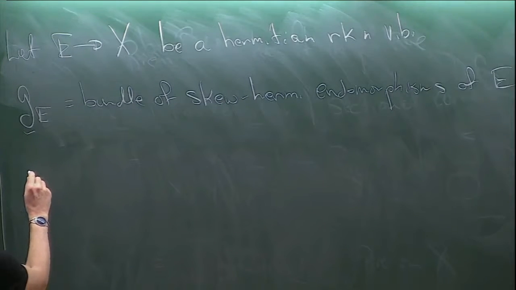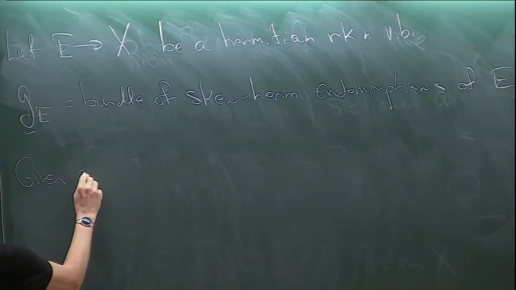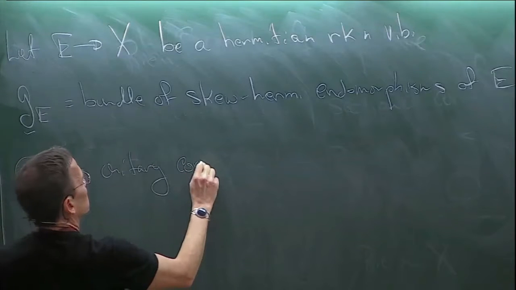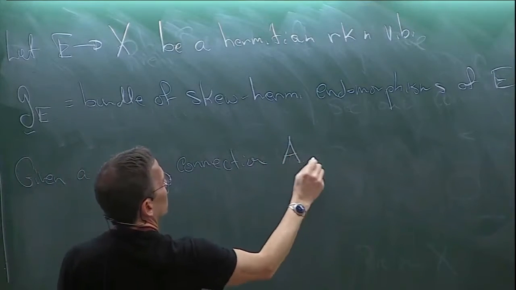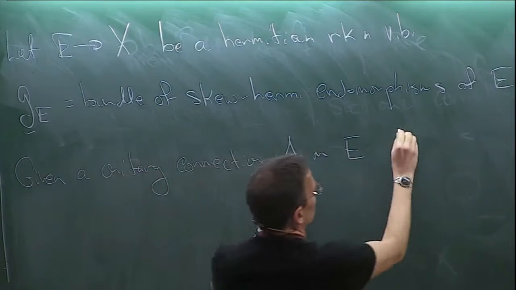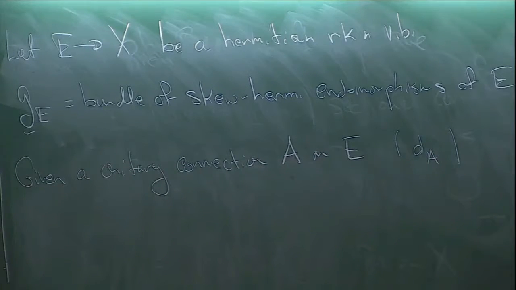And so given a unitary connection, A on E, so I use A for the name, but then dA for the corresponding derivatives, so the notation is maybe not the best.